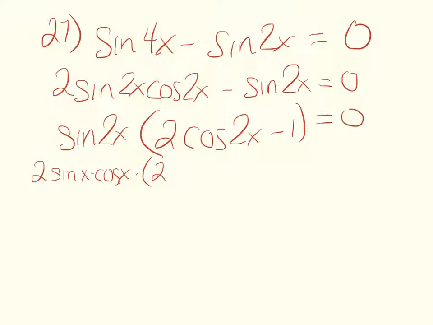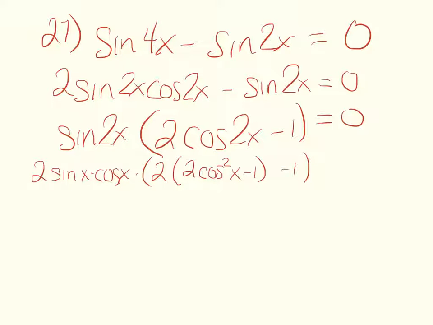Just use the one with cosine or the one with sine. I'll just stick with the one with a cosine. I'm replacing this cosine 2x with 2 cosine squared x minus 1. And then I'd still have the minus 1.